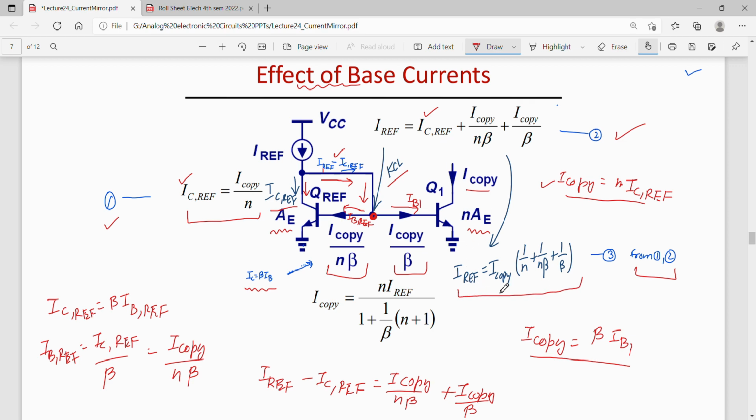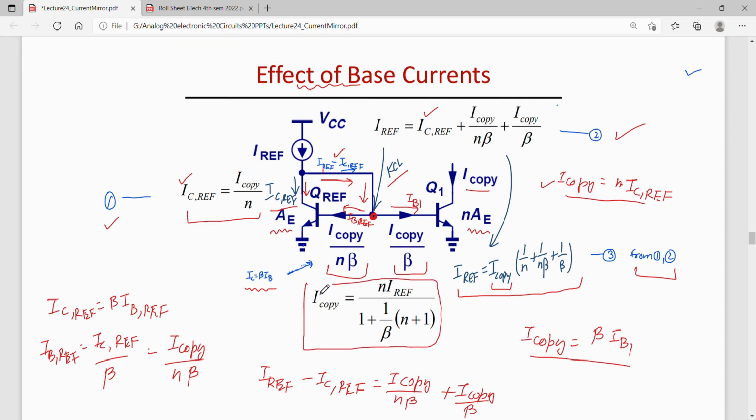That is I ref is, I take I copy common, 1 by N plus 1 by N beta plus 1 by beta. Okay, so from here I can find out I copy. So I copy would be I ref by this term. Okay, or I copy could be written as N times I ref divided by 1 plus 1 by beta N plus 1. Okay, so this much is the current that is copied.